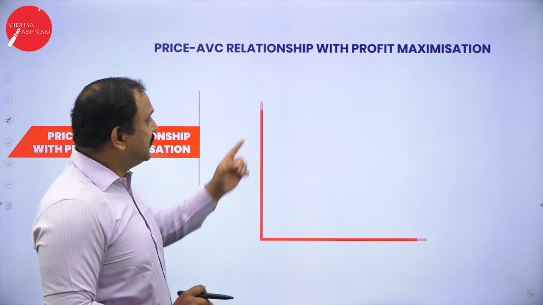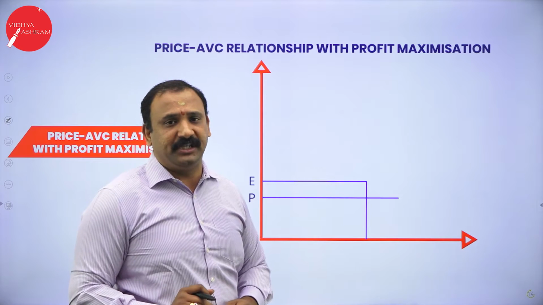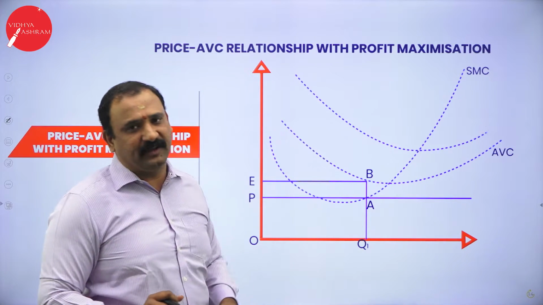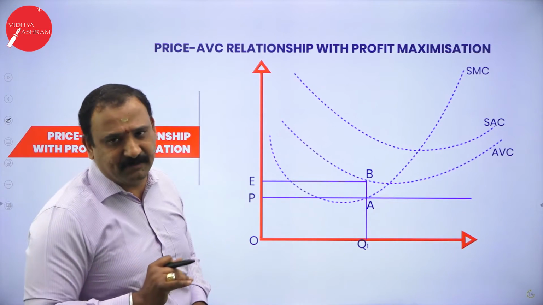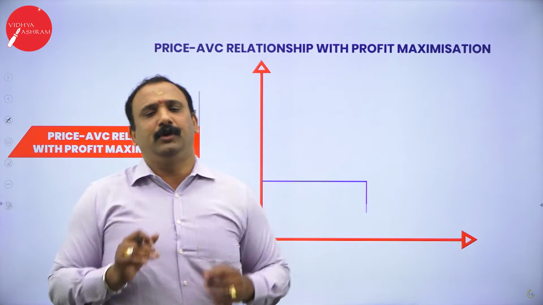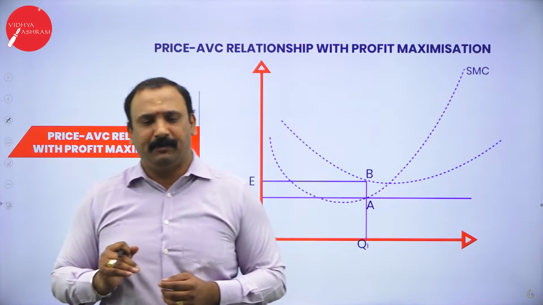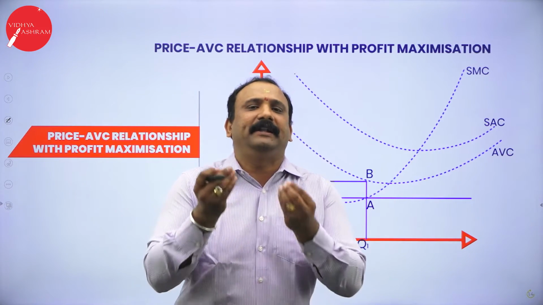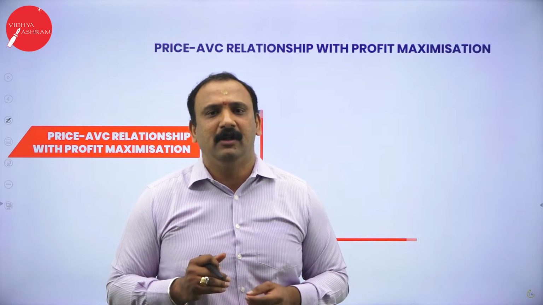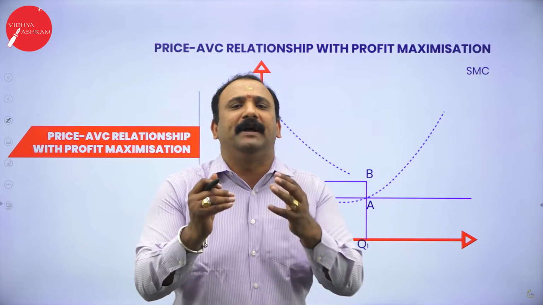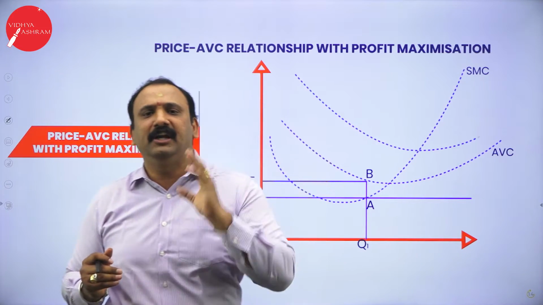Moving on, the next condition that we are going to see here is the price and average variable cost relationship with profit maximization. As I have told you, the relationship of price and average variable cost. Now for this, let me take a very simple example of manufacturing a pen, or manufacturing a pencil box, or manufacturing a watch.